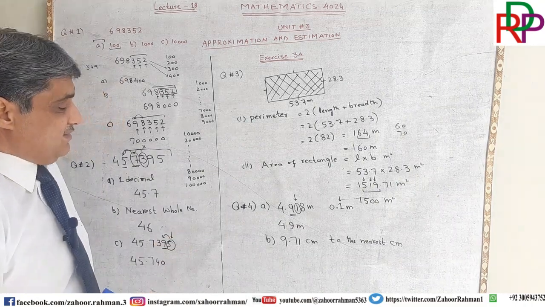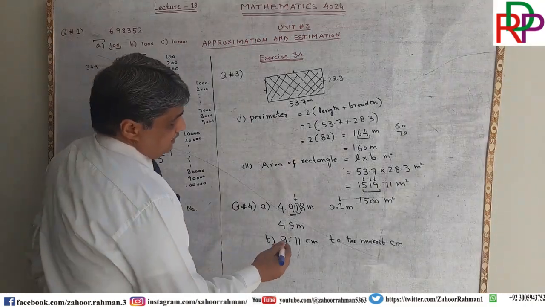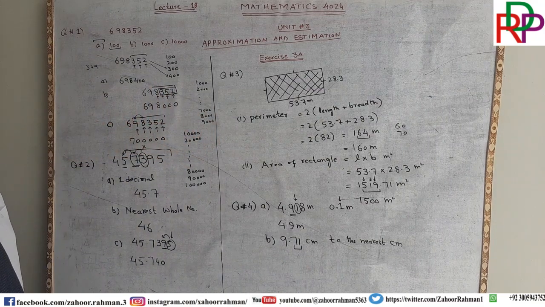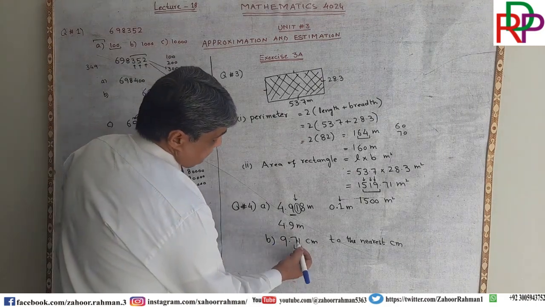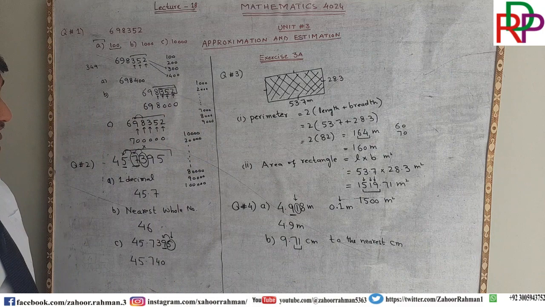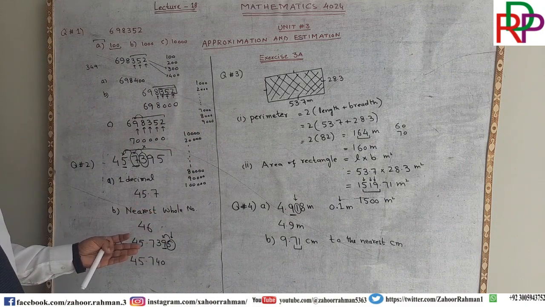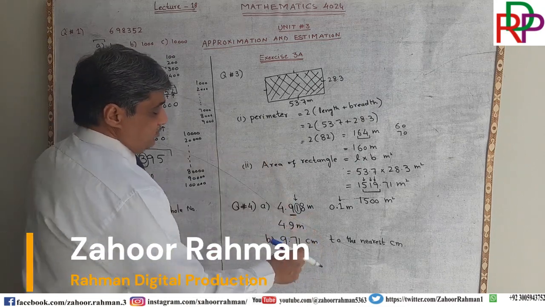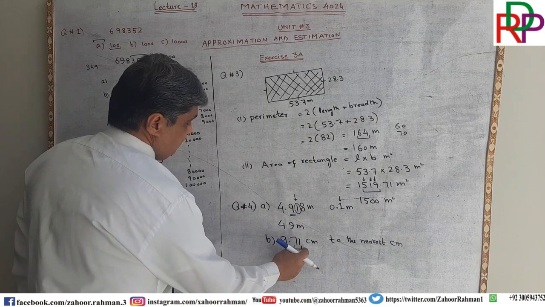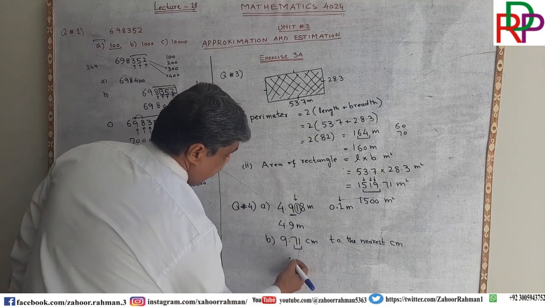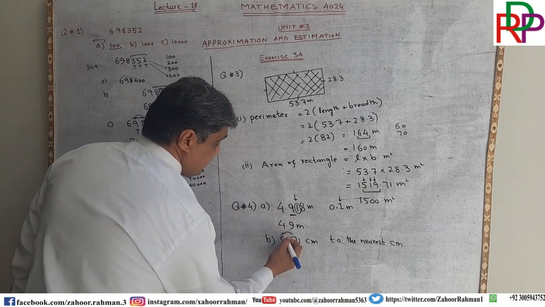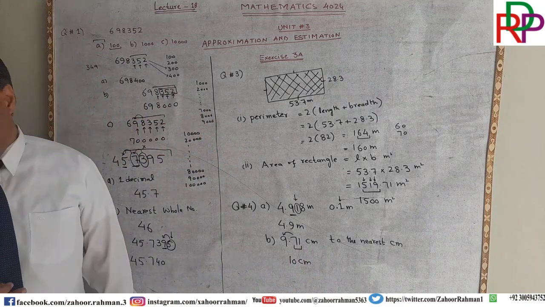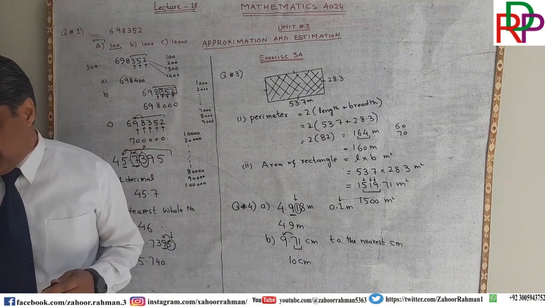So 71 is nearly equal to 100, because centimeter means 100. So it will give 1 to this 9, and it will become 10 centimeter. So the answer will be 10 centimeter.